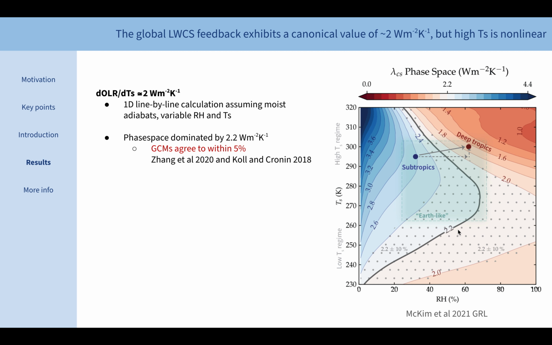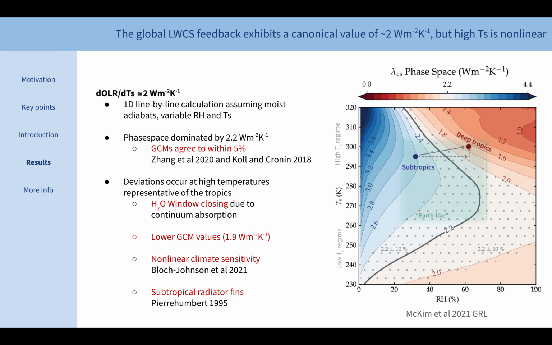This helps us to interpret these results in the GCMs, which show remarkable agreement. It's because when you're in this stable regime, your feedback just isn't changing that much. So we shouldn't be surprised that the GCMs show remarkable agreement between each other.